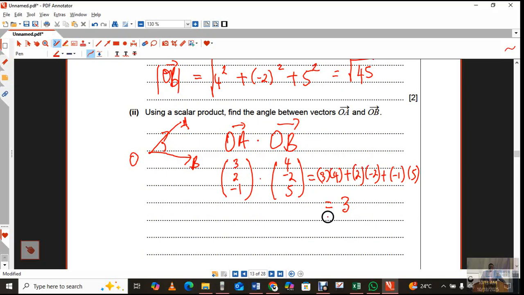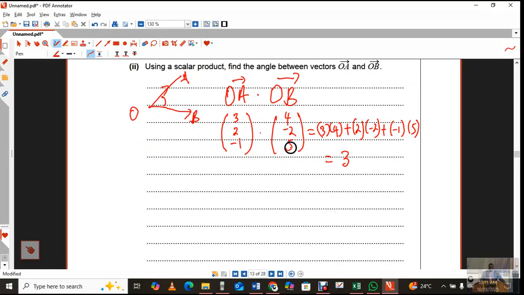Now, the nice thing about that is that if the scalar product is a positive number, then the angle between, so cosine of that angle, if I call this angle theta, that angle is going to be an acute angle. Okay, and hopefully you are aware of how to calculate using the formula and so on.